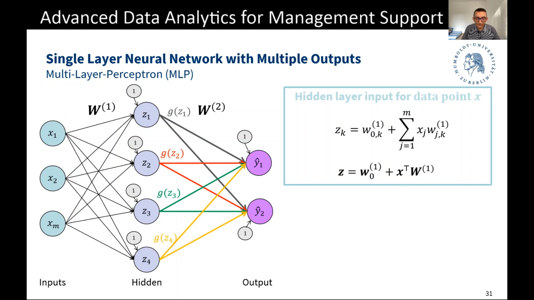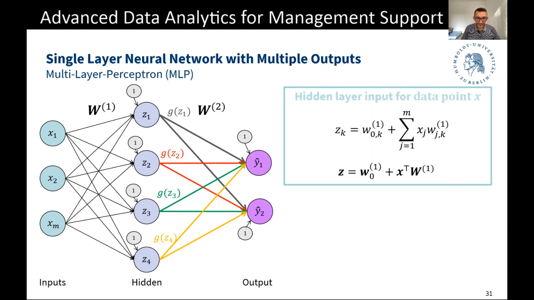I did not write weights on all the connections because I felt that the graph would get too cluttered. But you do see these two matrices, W superscript 1 and W superscript 2. So it's yet another extension of the picture.